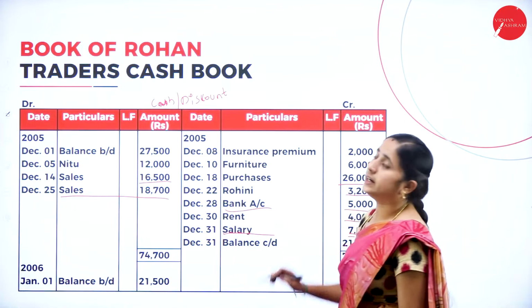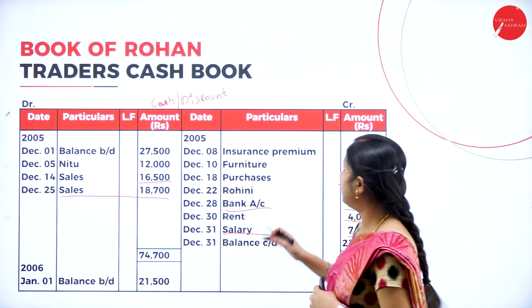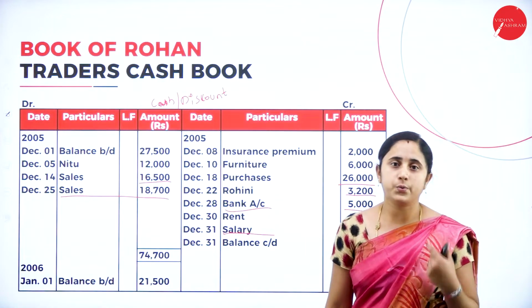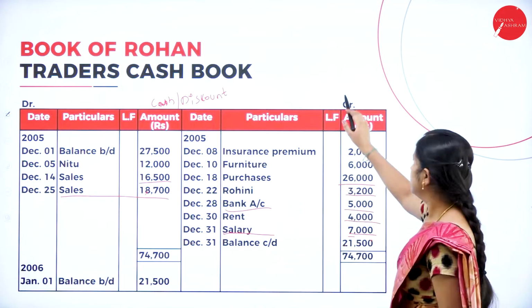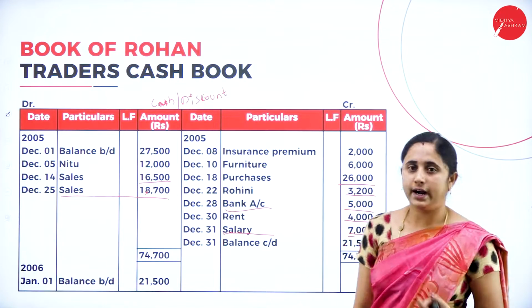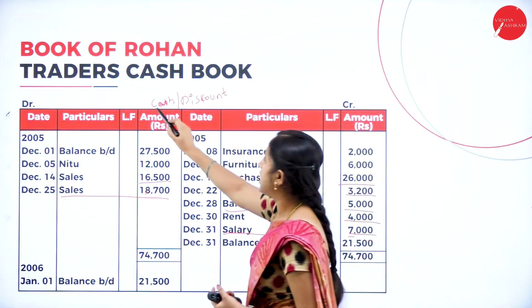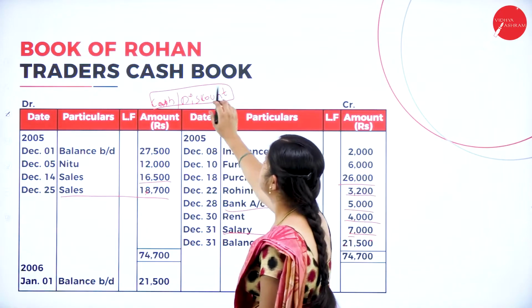If any discount is received, you will record it on the receipt side, and any discount allowed is recorded on the credit side. So the addition is one column, discount. All the things remain the same except the discount column.